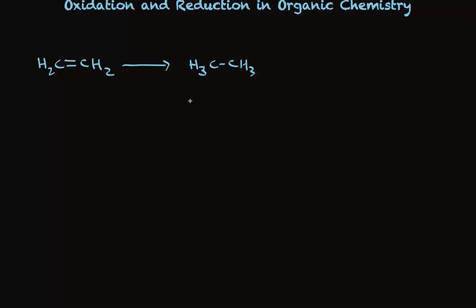In the starting material, there are no formal charges. Everybody has a filled outer shell. Everything looks just great. And you look at the product and you can say the same thing. Carbons have a filled outer shell. There's no formal charges. There is no evident transfer of electrons in one way or another. And yet we call this a reduction.